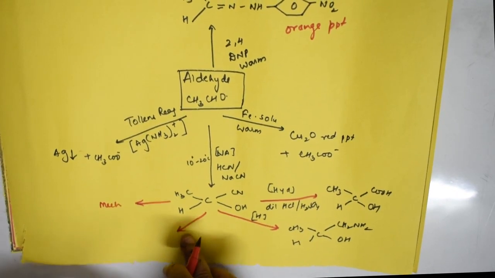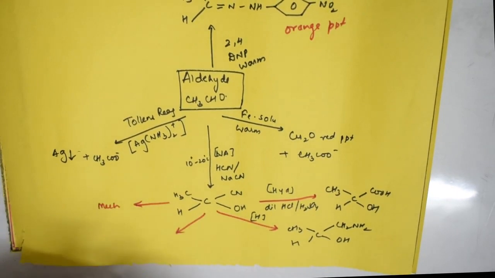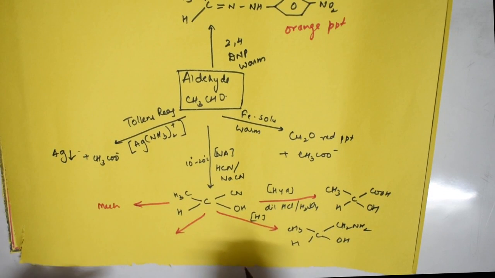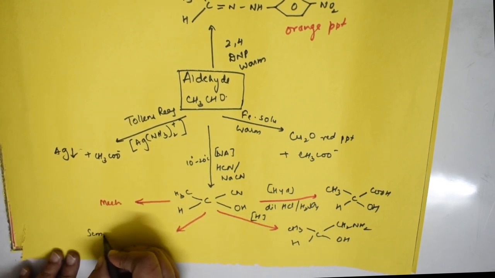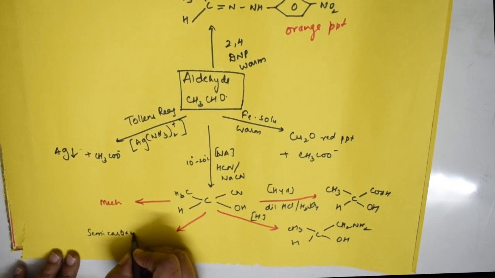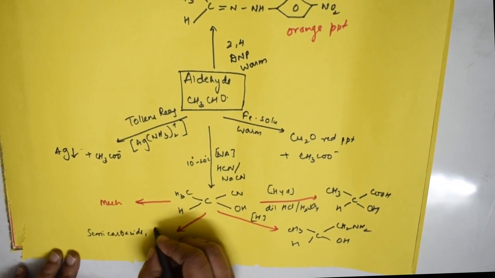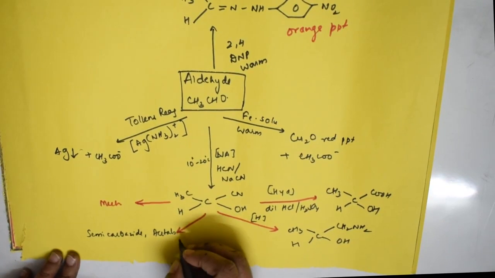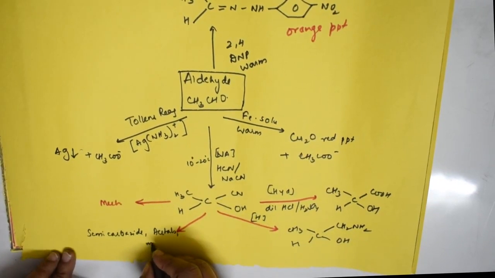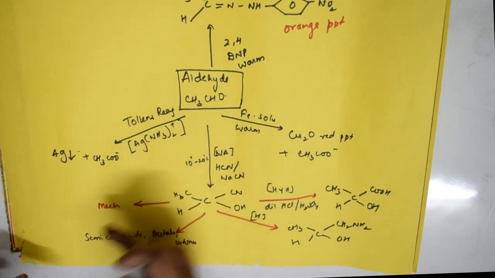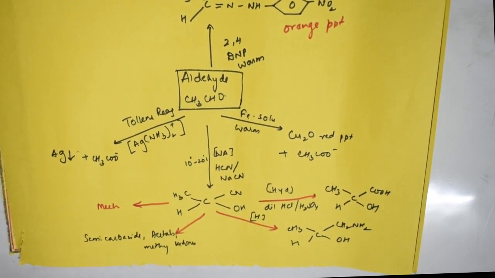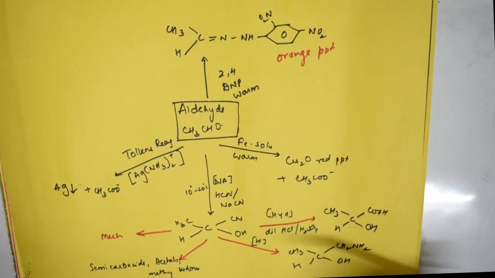The arrow which I have mentioned here is for you to go through the addition, the same procedure as how you will add semicarbazide, acetals, and methyl ketones. Please watch that, it will be very useful as a continuation of this. This is fine. Okay, now aldehydes are over.